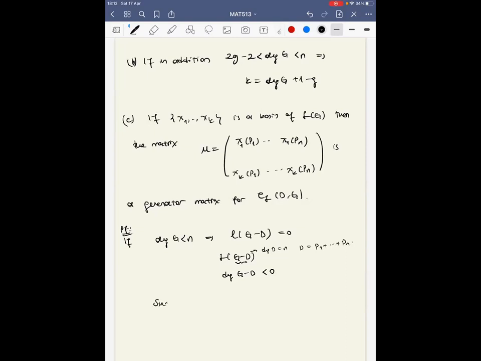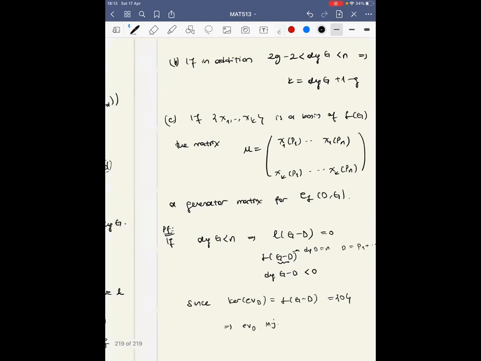So, since the kernel of the evaluation map is the trivial space, this shows us the evaluation map is injective. So there's an isomorphism between the Riemann-Roch space of G and the AG code.